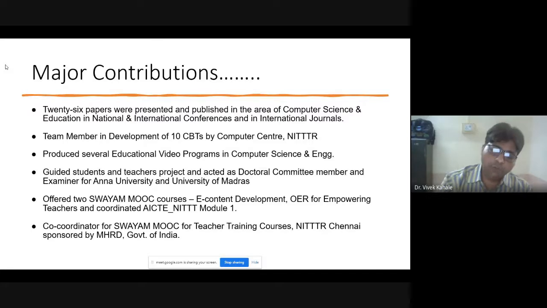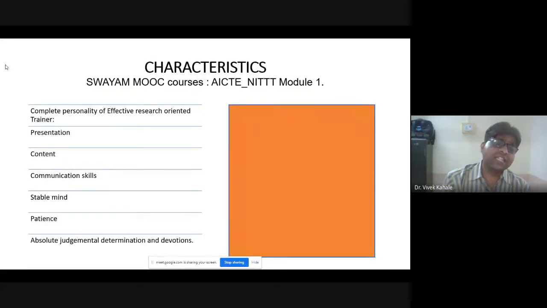That is what I observed when I was a student of madam on the Swayam MOOCs platform in the AICTE NITTTR Module 1. I saw some special characteristics in madam, a combination of common qualities, a complete personality of an effective research-oriented trainer.